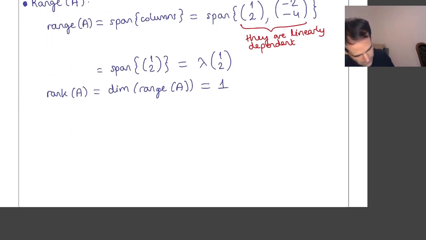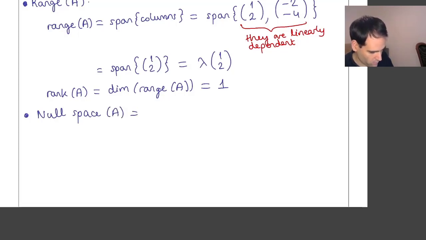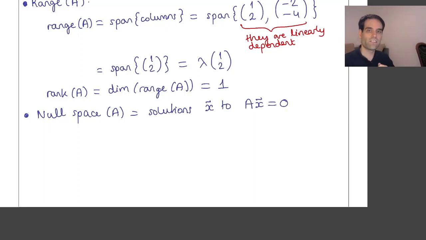Next let's calculate the null space of A. So the null space of A equals the solutions x to Ax equals 0. That was the definition of the null space.